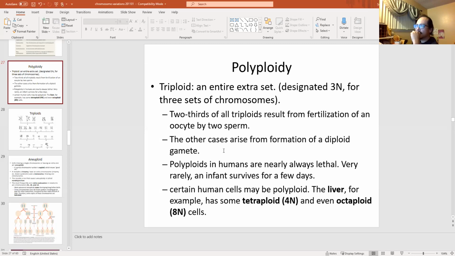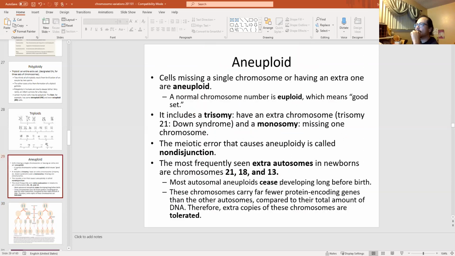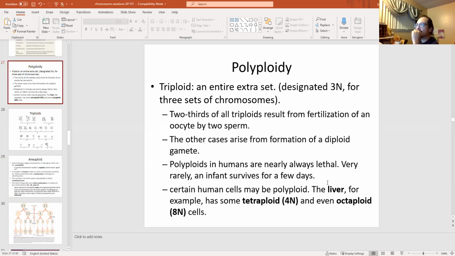The other cause could be a diploid gamete. So if it is not just one chromosome but the whole set, it will be a diploid gamete.